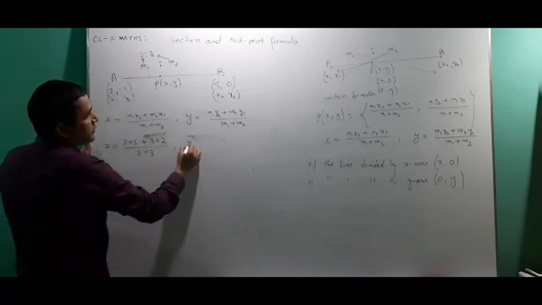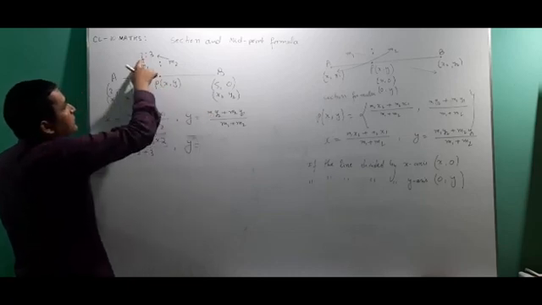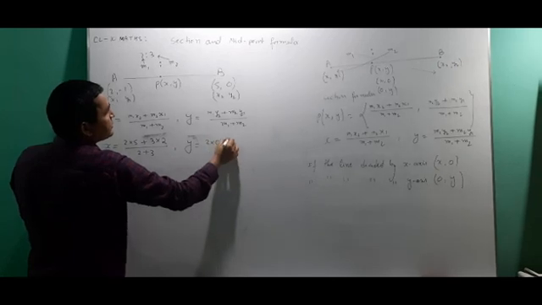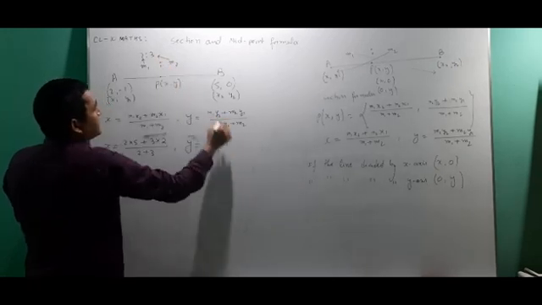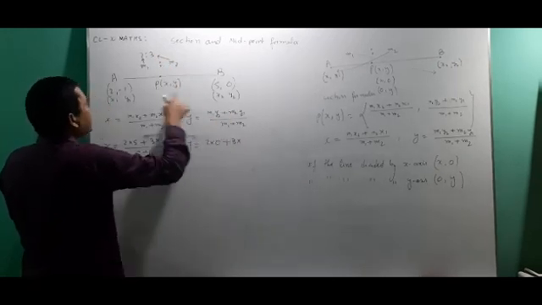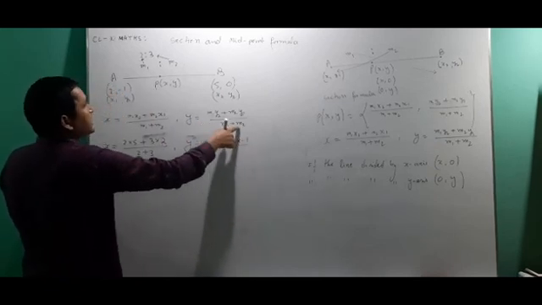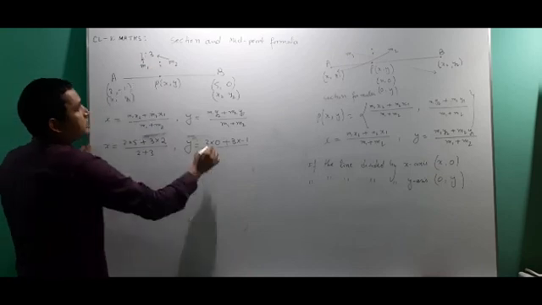Similarly for y: m1 2 times y2 which is 0, plus m2 3 times y1 which is -1, divided by m1 plus m2, that is 2 plus 3.